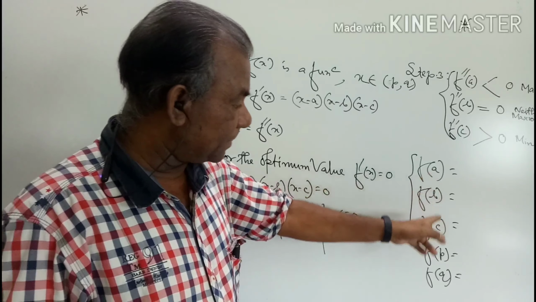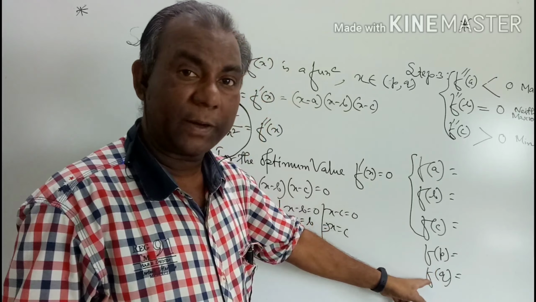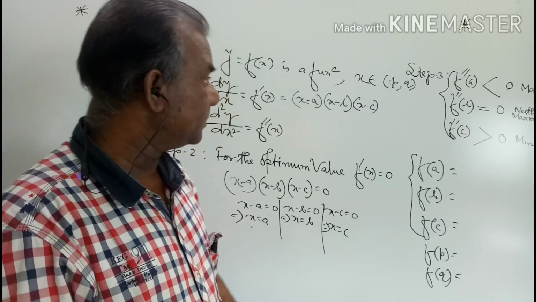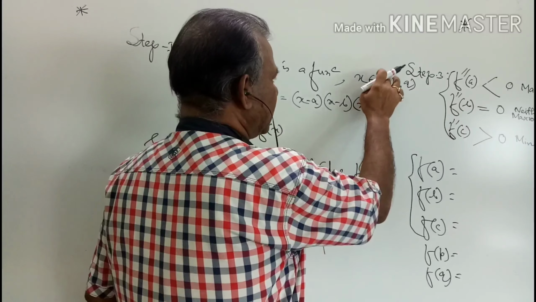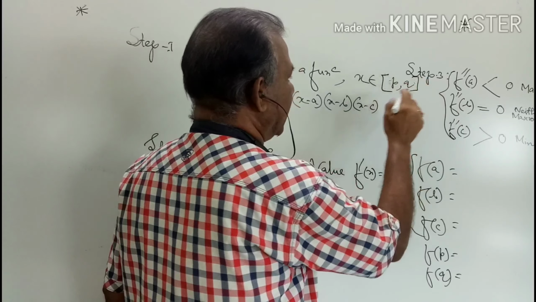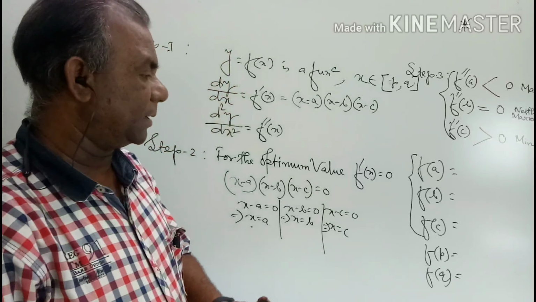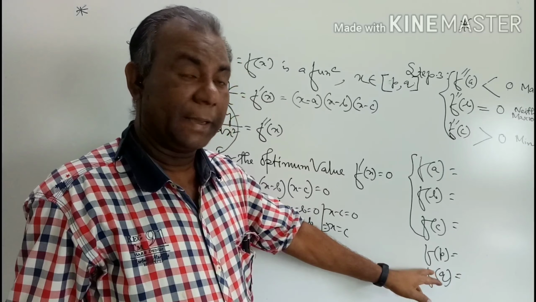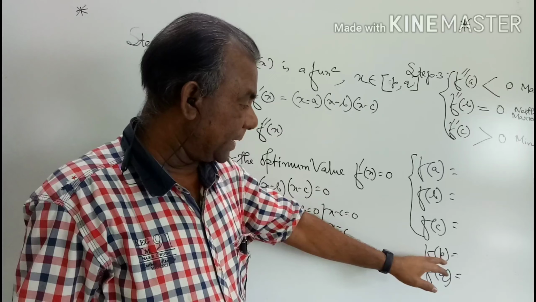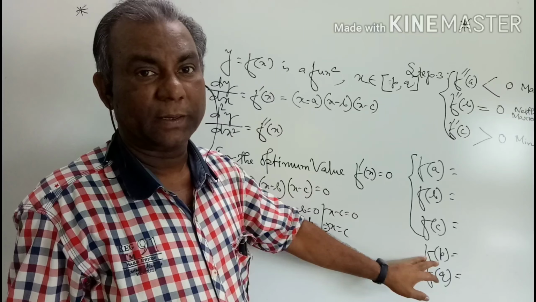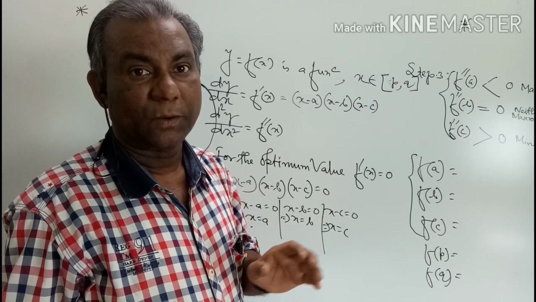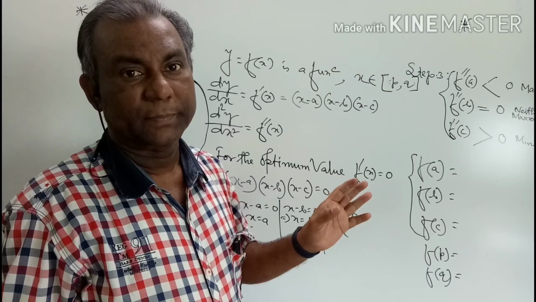But after considering the boundary points also, if we find that among P and Q, F(P) is the greatest one, then F(P) is the global maxima.